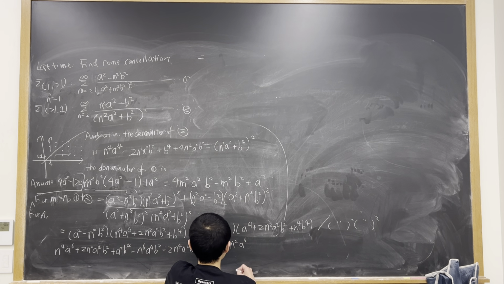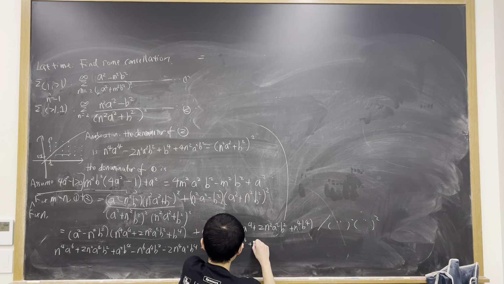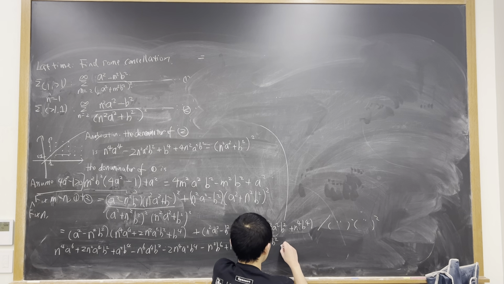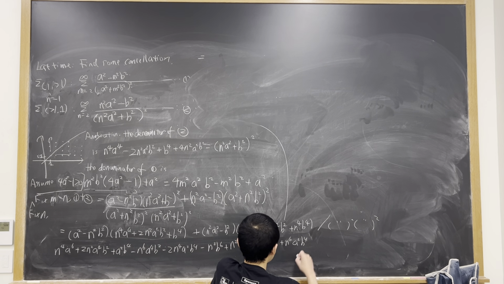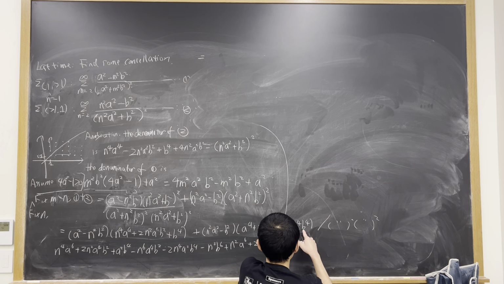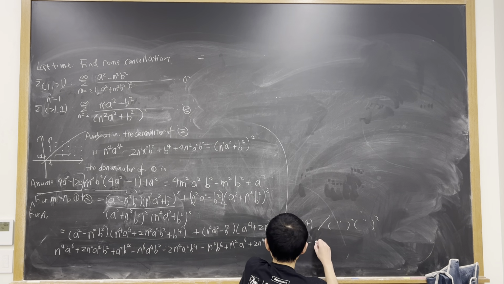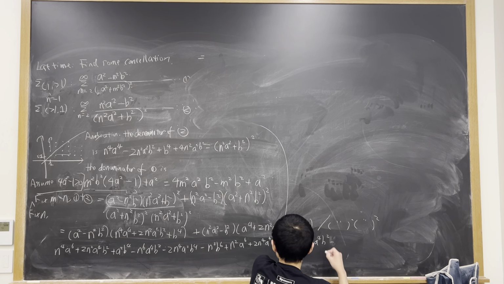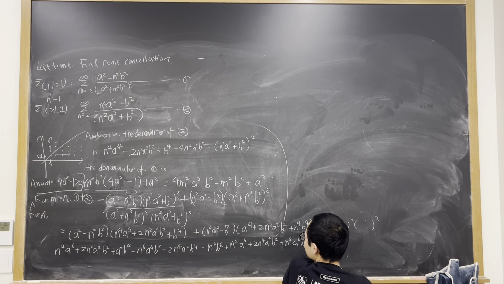N squared a to the sixth power plus 2n to the fourth power a to the fourth power b squared, and then plus n to the sixth power a squared b to the fourth power, and then minus a to the fourth power b squared, and then minus 2n squared a squared b to the fourth power, minus n to the fourth power b to the sixth power.